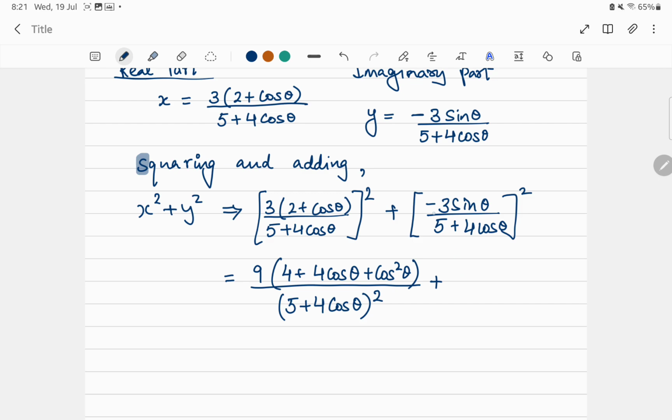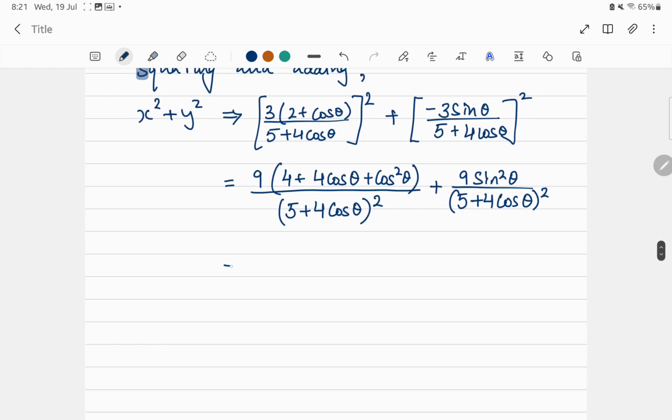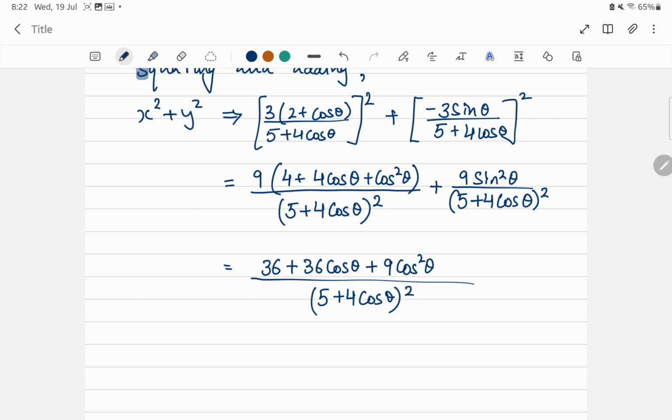Plus, on the other, we will have (−3)² which will be 9 sin² θ over (5 + 4 cos θ) squared. Again, now we can combine them together, and we have (5 + 4 cos θ)² as a denominator, and on the top, if I expand 9 with that as well, it will give me 9 times 4 is 36 + 36 cos θ + 9 cos² θ + 9 sin² θ.